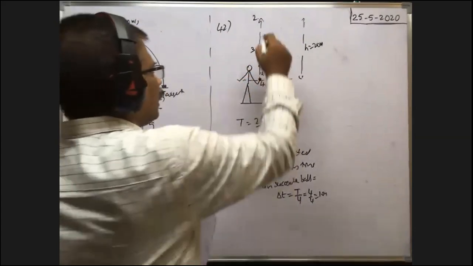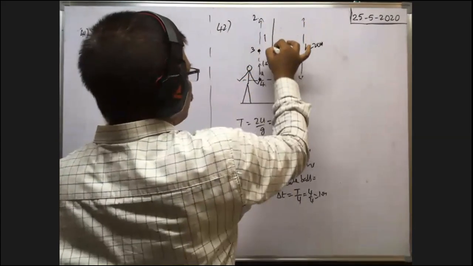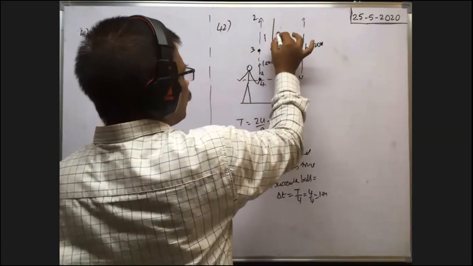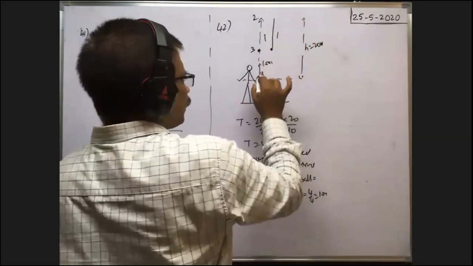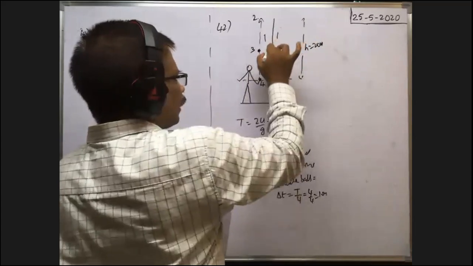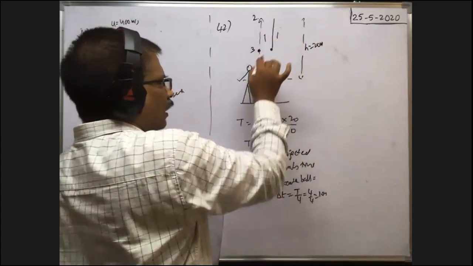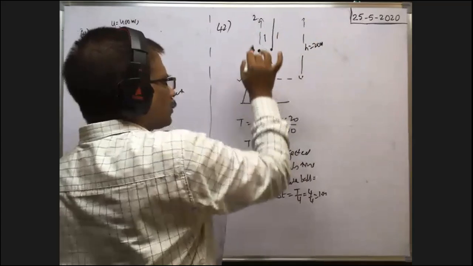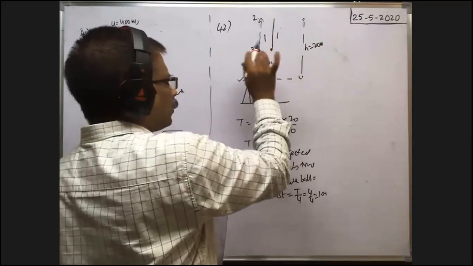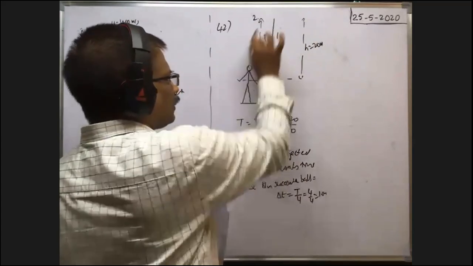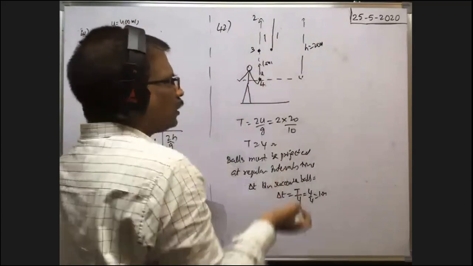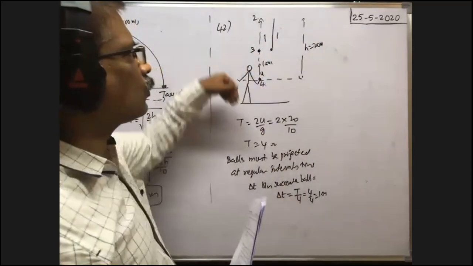After one more second, the first ball is here. Totally, 3 seconds before, the first ball was thrown. 2 seconds before, the second ball was thrown. 1 second before, the third ball was thrown. After 3 seconds, the fourth ball is ready to throw. In this way, he throws the balls.